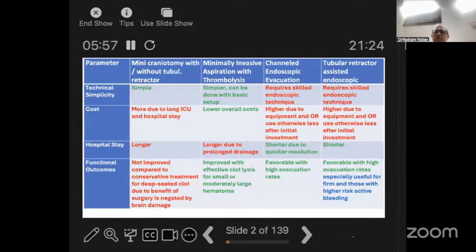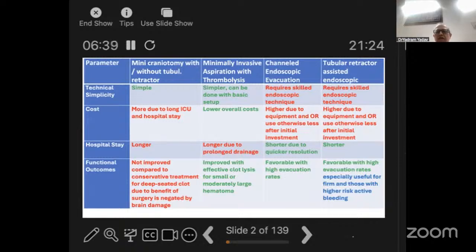The channel endoscopic surgery offers a high clot removal rate right from the surgery itself, day one, and offers favorable outcome in recent studies. So recent studies have shown that endoscope has a better outcome compared to conservative treatment. However, it is less effective when the clot is firm, and it requires an experienced endoscopic surgeon, and another disadvantage is that it involves high initial cost, though later on it becomes cost effective over time.